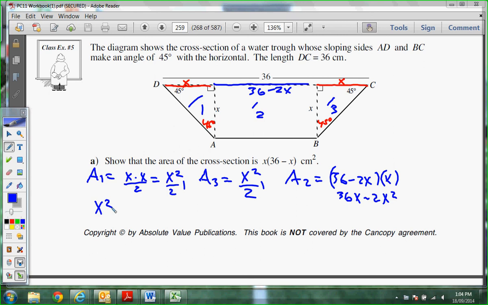Okay, and so now I'm going to add that. What's x squared minus 2x squared? I'm combining like terms. What's 1 minus 2? Stay with me. Last one. Negative 1. So I have 36x minus x squared now.